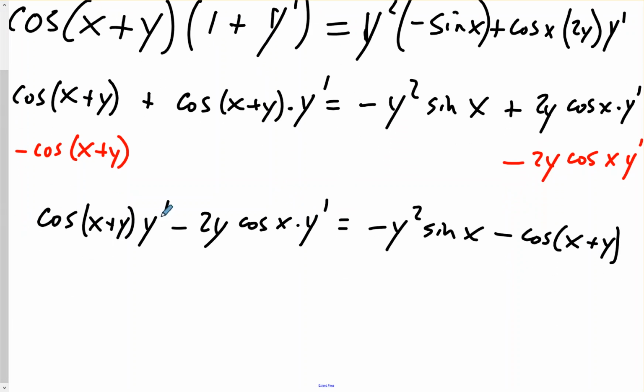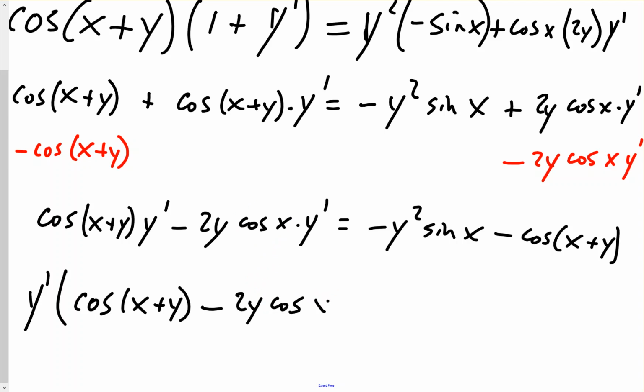Okay, so now on the left we factor out the y prime. So that means we would have cosine of x plus y minus 2y cosine x equals negative y squared sine x minus cosine of x plus y.